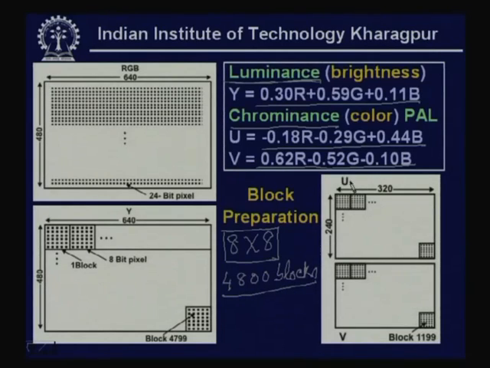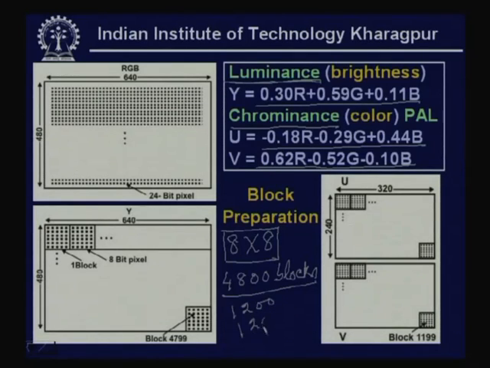On the other hand, for the U and V components, 4 pixels are averaged to generate 1 pixel, so that both U and V are represented by 320 by 240 after averaging out. This significantly reduces the size, and in turn the number of blocks to be processed is reduced to 1200 for each.